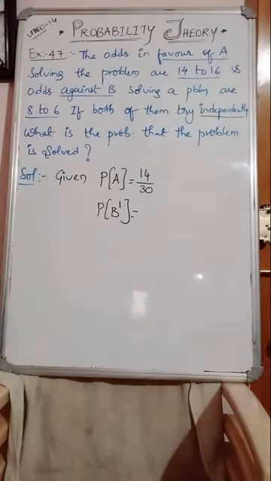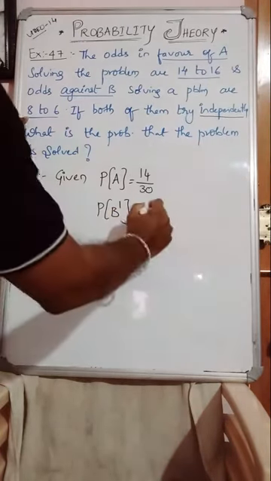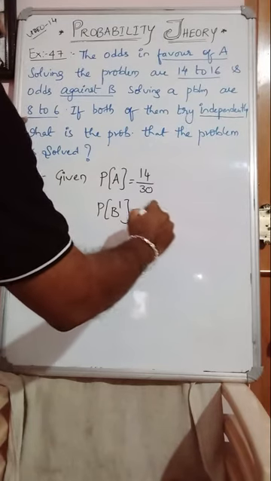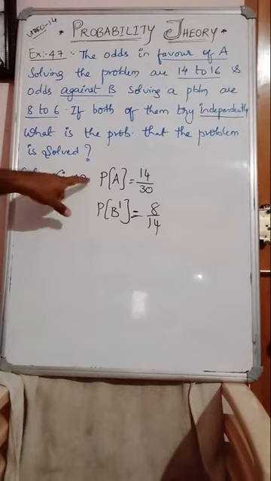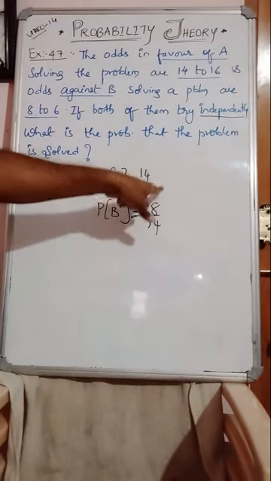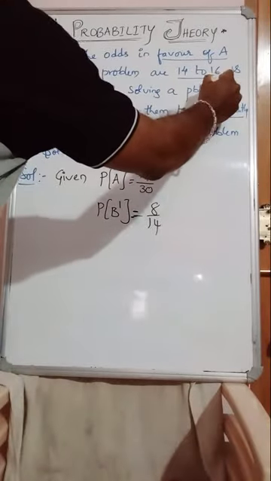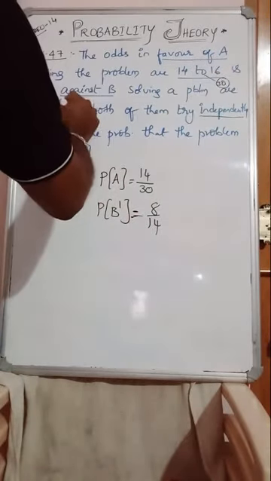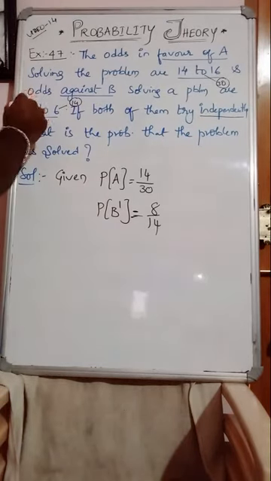And probability of B dash. You understand why I have taken B dash? Complement. 8 to 6, that means 8 by 14. Are you clear, guys? How I have taken? Given probability of A is 14 by 30, so the total is 30. Here the total is 14. This 8 is against.